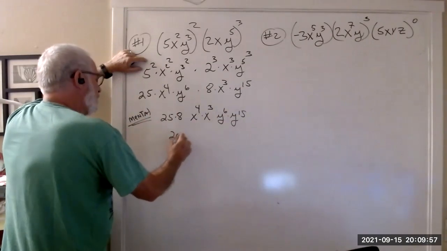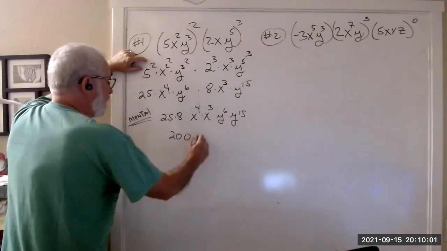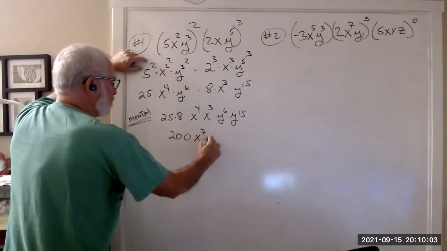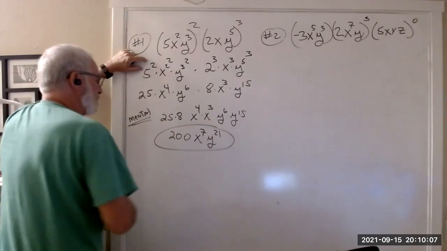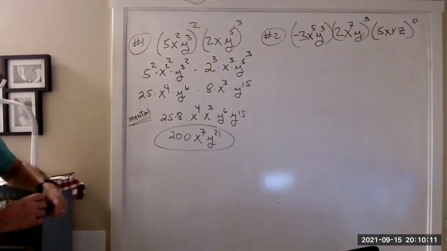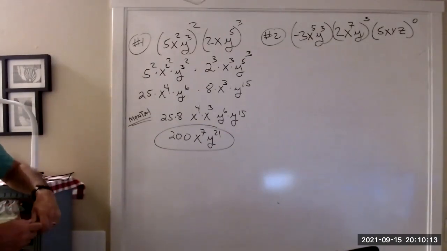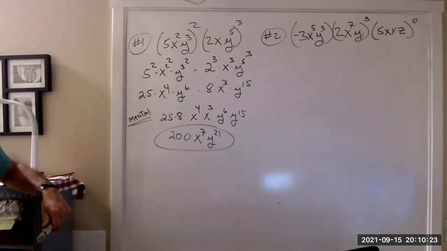I believe that's 200, x to the 7, y to the 21. All right, I skipped some steps and went very fast. Questions? Anything you want me to explain? Again, I can slow down, whatever.